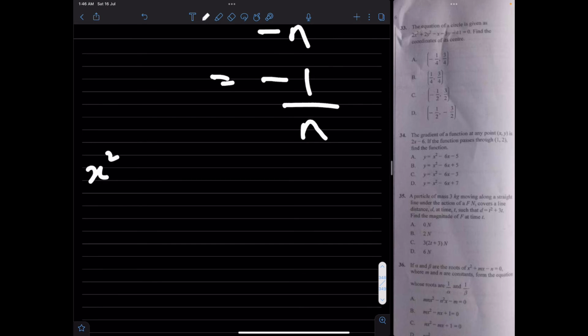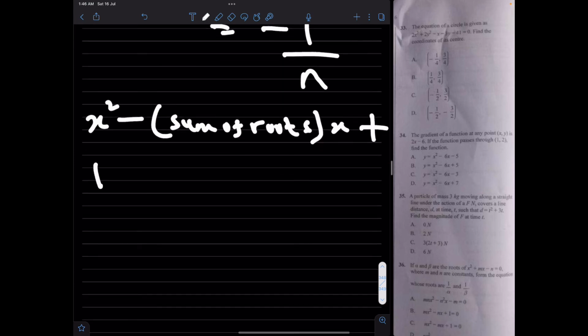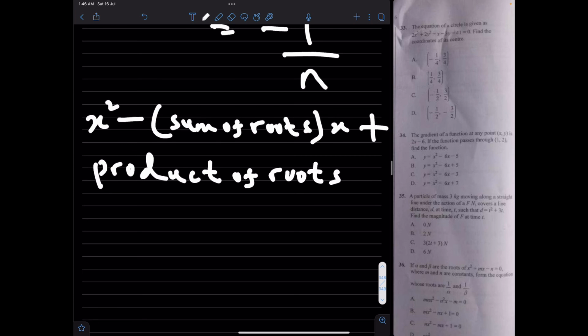We know that the general quadratic equation in terms of its roots is x squared minus the sum of roots times x plus the product of roots equals 0. This is the general form. Let me write that here.